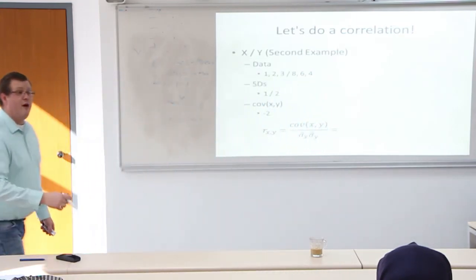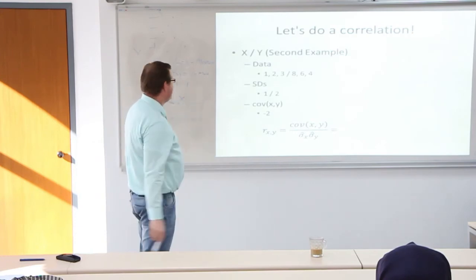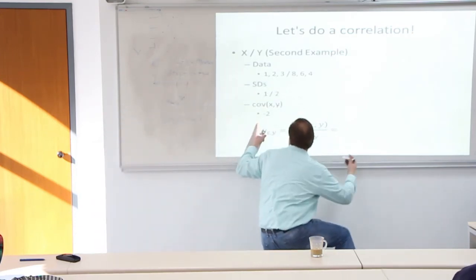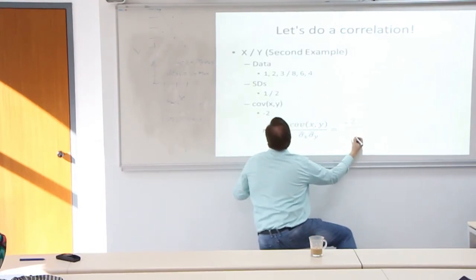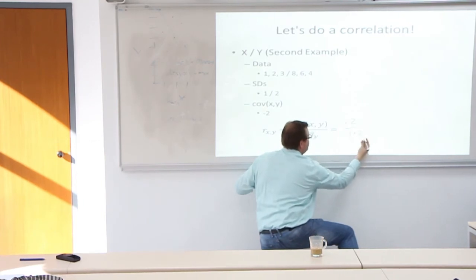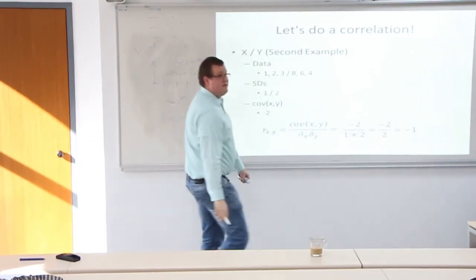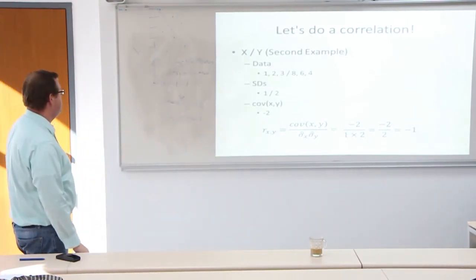Let's do another example for our second one that we talked about. On the line, but in the same way, -1? How are you doing this so fast? Okay, I've got to do the calculation because I'm just not that clever. -2 over 1 times 2, -2 over 2, -1. It's perfect negative correlation. Beautiful.